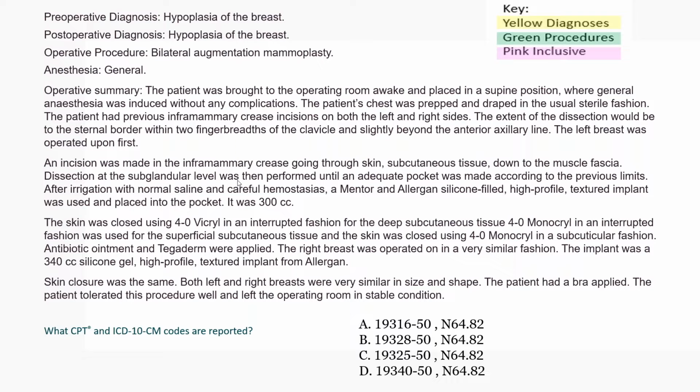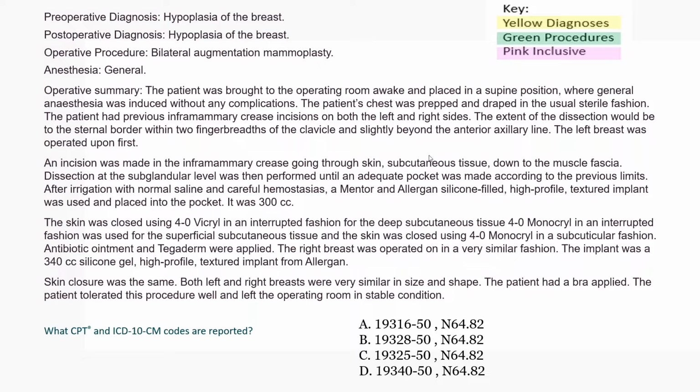Postoperative diagnosis, hypoplasia of the breast. Operative procedure, bilateral augmentation mammoplasty. Anesthesia, general. Operative summary. The patient was brought to the operating room awake and placed in a supine position where general anesthesia was induced without any complication.